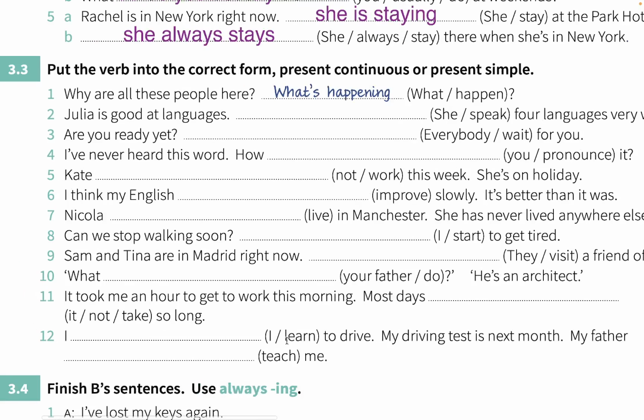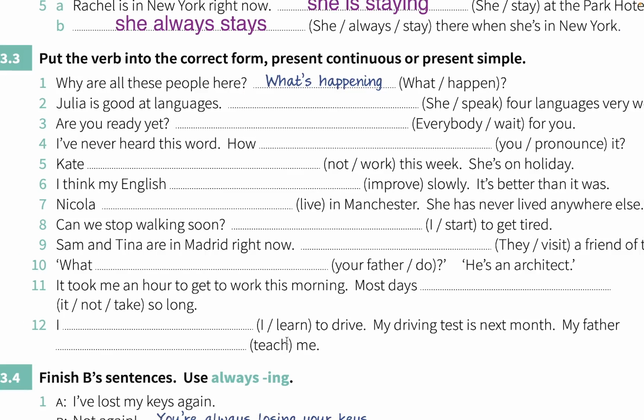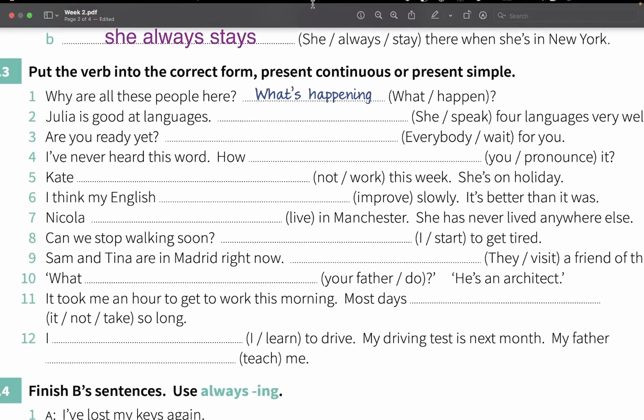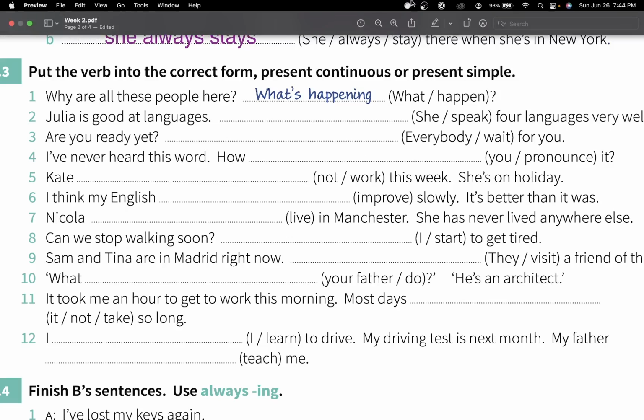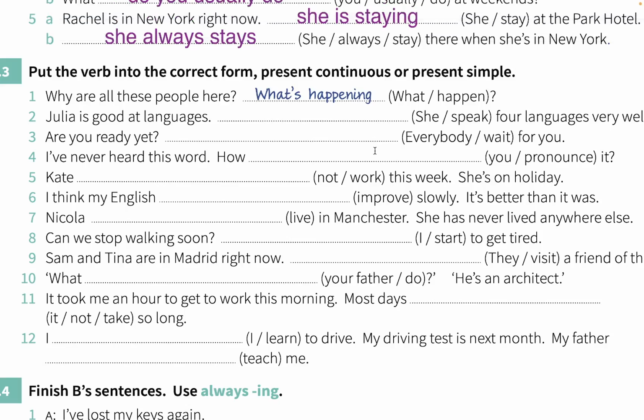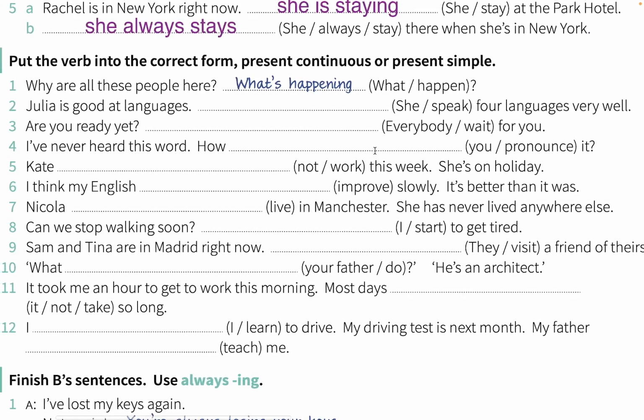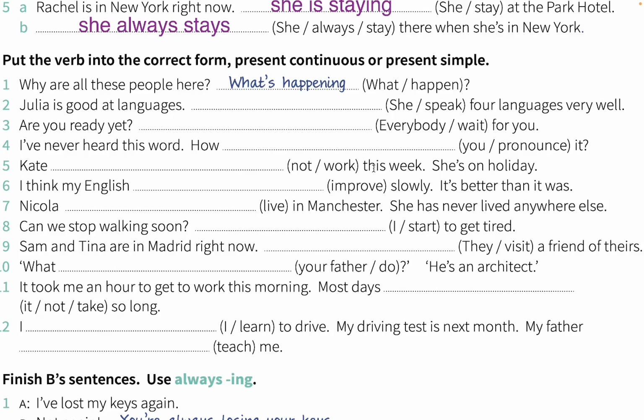Next one. Put the verb into the correct form, present continuous or present simple. Same thing as the one before. And now I'm going to give you 4 minutes to read it and try guessing or answer.